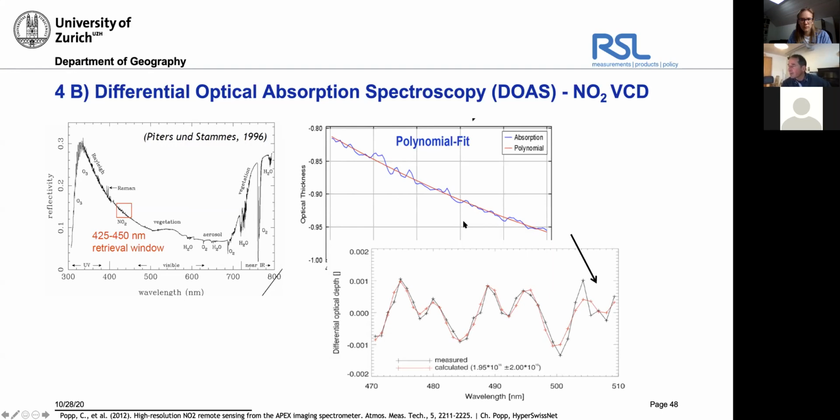You just vary the nitrogen dioxide amount on the smooth spectrum. You modulate with various amounts, and if you find the best fitting function between the modeled and the really measured difference, you have the correct amount of NOx.